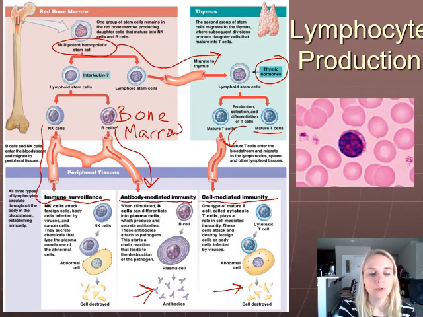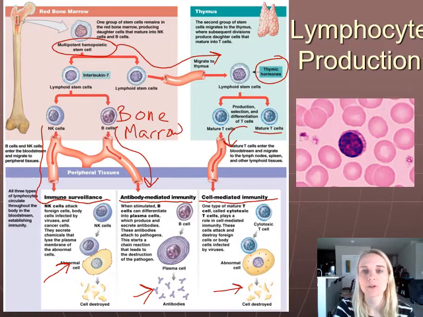They also do direct cell attack, but what makes them different from the T cell is they will attack any abnormal cell. That's the non-specific part of it, where T cells will only attack cells that are infected with something that they're programmed to recognize. So that makes natural killer cells a little bit more of a generalist, and T cells and B cells more specific to who their target is.